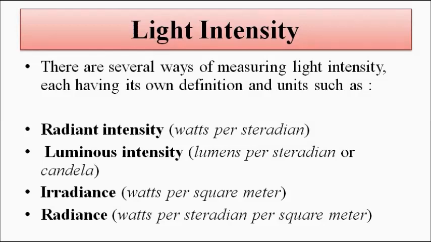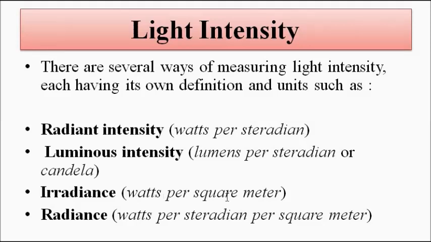There are several ways of measuring light intensity which are used in various fields of engineering, and each has its own definition and units. For example, radiant intensity, which is the amount of energy in watts emitted per steradian, the unit of angle. Luminous intensity, which is lumens per steradian or candela.